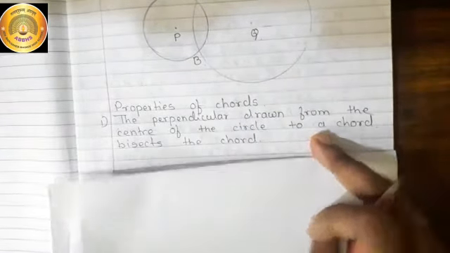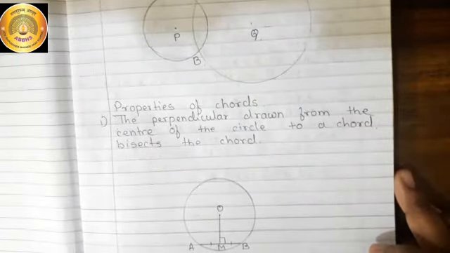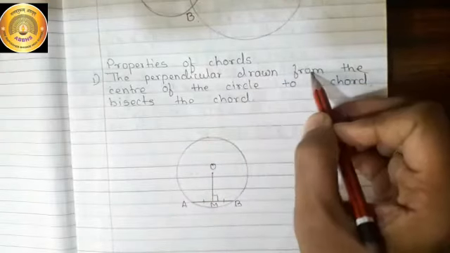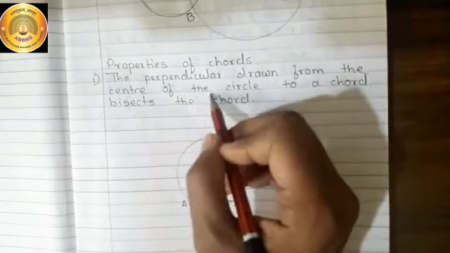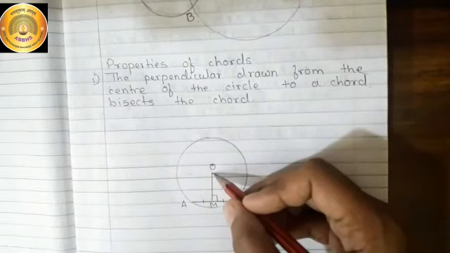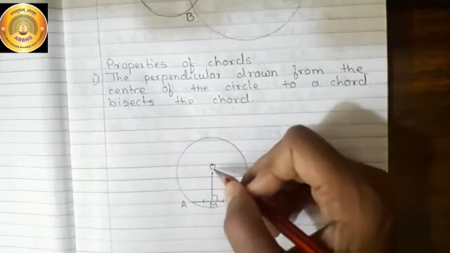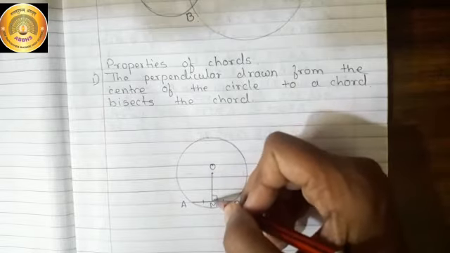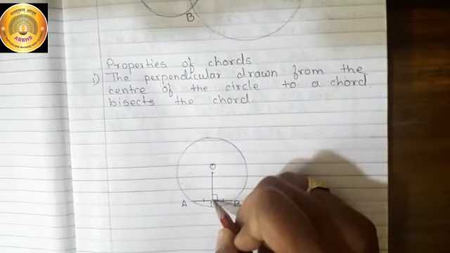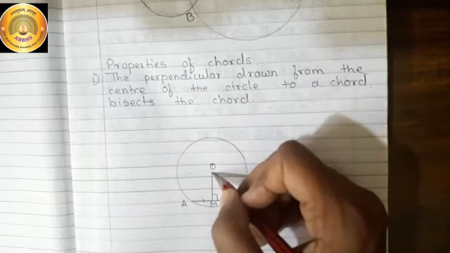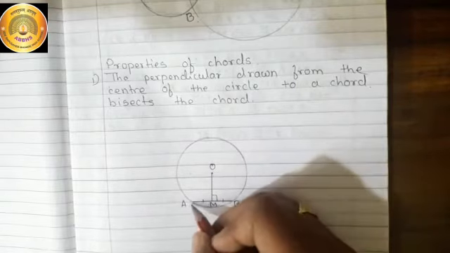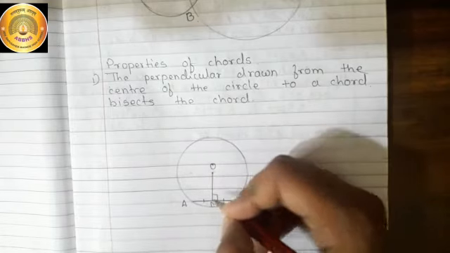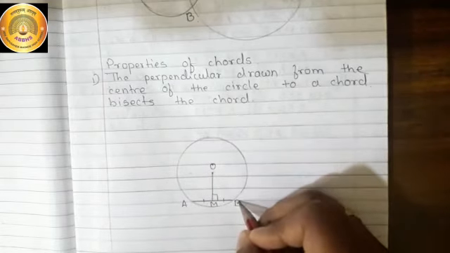I have drawn one circle, and the center of the circle is O. From this point O, if I draw the perpendicular to the chord AB, this perpendicular bisects chord AB.